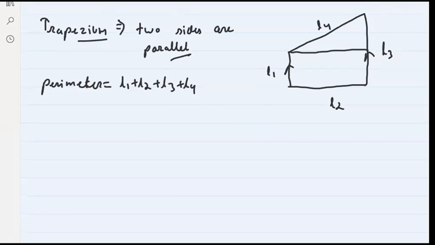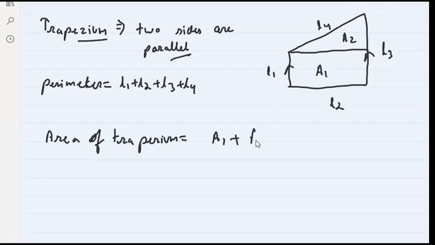So I'll just use some easy notations. Can I say that area of trapezium is equal to area of rectangle plus area of triangle? Let them be A1 and A2, so it is A1 plus A2. Yes or no? Step by step.